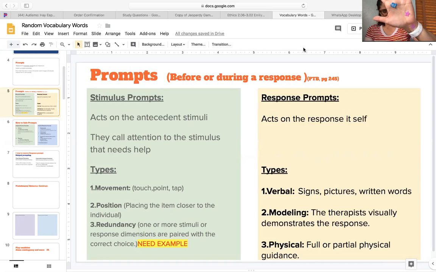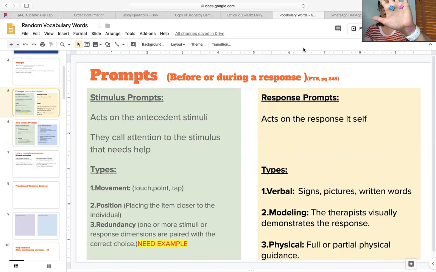We have three options. Is it movement? Is it position? Is it redundancy? It is position. We know it's a stimulus prompt because we moved the stimulus. It's position because we repositioned it. Okay? Let's go back to its original place.